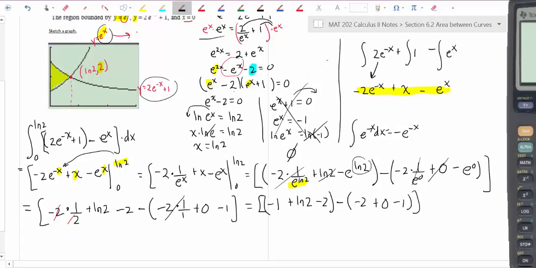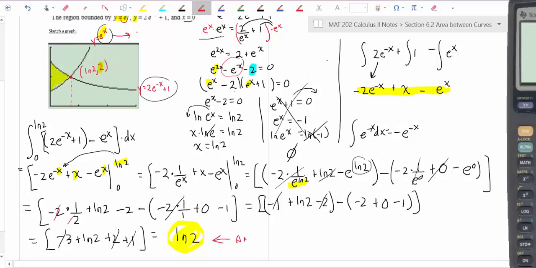Now we're pretty close to getting this done. It looks like we'll have those go together to make negative 3. So we have negative 3 plus ln2. Distribute the negatives, so you'll have plus 2 plus 1. It looks like 3 and negative 3 cancel out. So it looks like the answer of the problem is ln2.